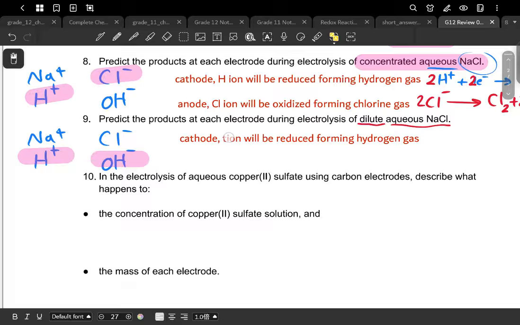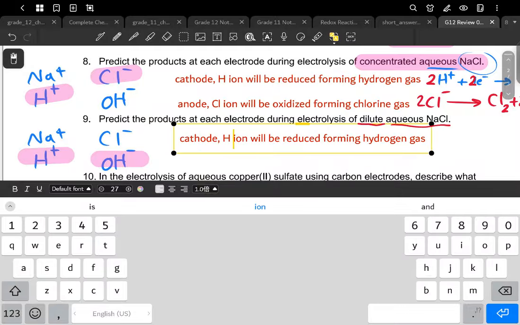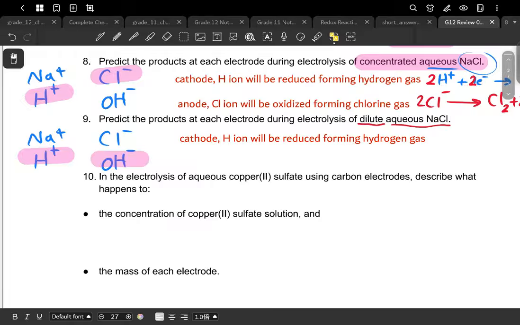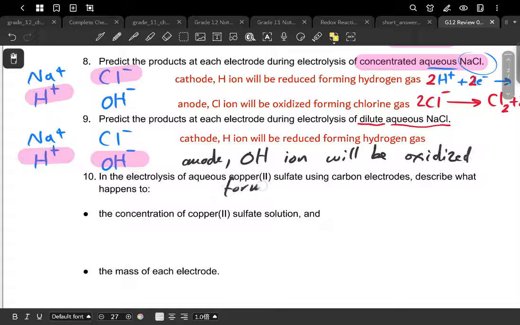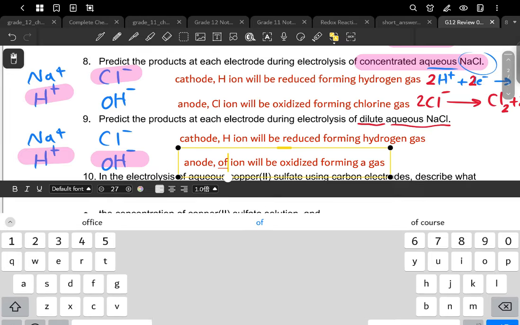And at the anode, the hydroxide ion will be oxidized, forming oxygen gas, according to the equation that I told you to memorize.